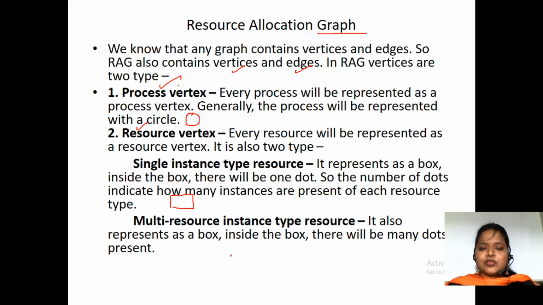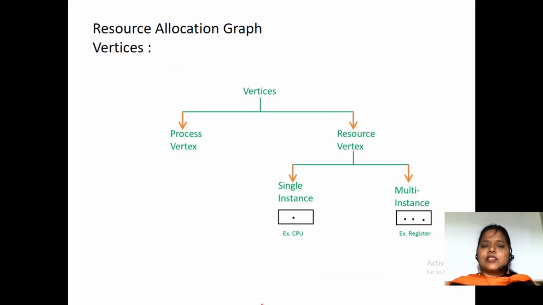For multiple instance resource types, we represent them like this or like this. There are 4 instances of resource R5. These we call instances. So we have process vertices, resource vertices, and single instance and multiple instance resources.